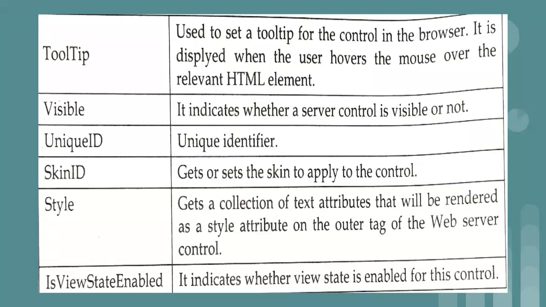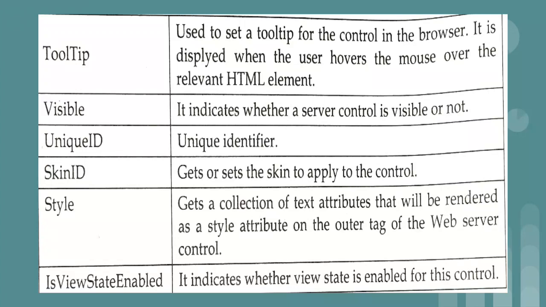Then next we are having visible. Visible means if we set the value of this property for any control to false, suppose we have a text box, then TextBox1.Visible equal to false means in the design section you will be able to see this control, but when you run the program on the browser, it is not visible.